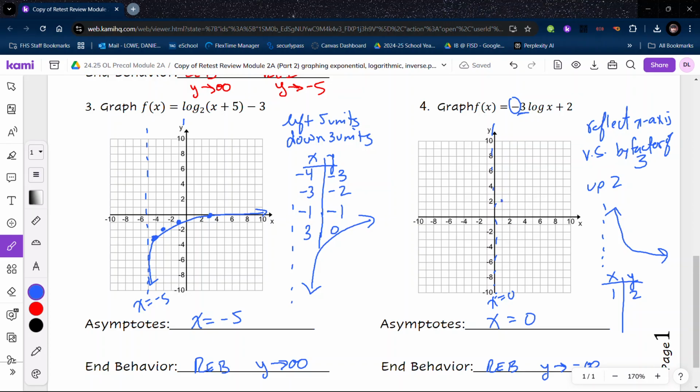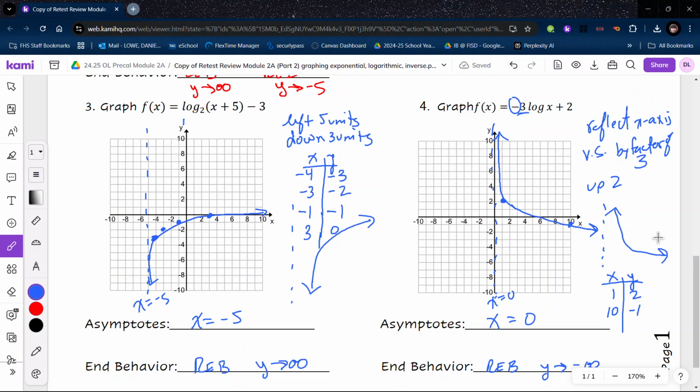If I had 10, okay, well, log of 10 is 1, times -3 is -3, plus 2, that's -1. So I know at 10 I'm going to be at -1. And this has my logarithmic decreasing function that has the general shape that I was expecting to have.